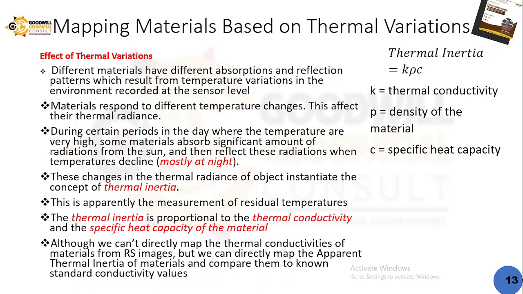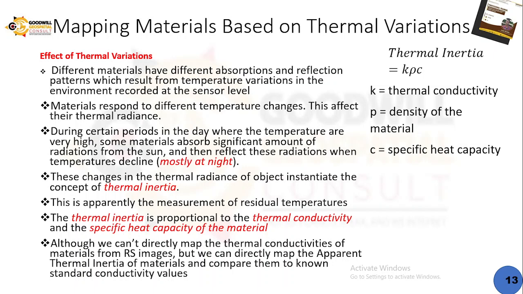So this thermal inertia, in our case we are referring to it as apparent thermal inertia because it's a qualitative property, not a quantitative one. But thermal inertia is also significantly equivalent to apparent thermal inertia, which is directly proportional to the thermal conductivity, the density, and the specific heat capacity of the material.